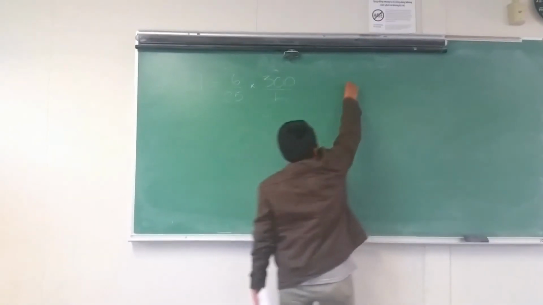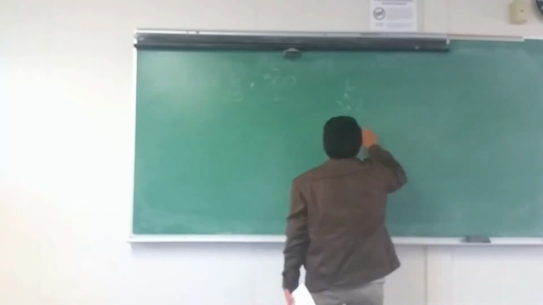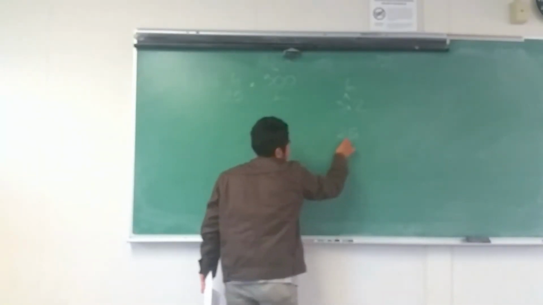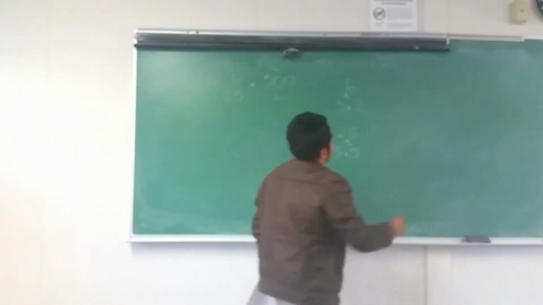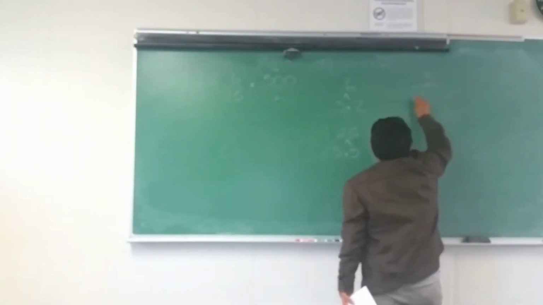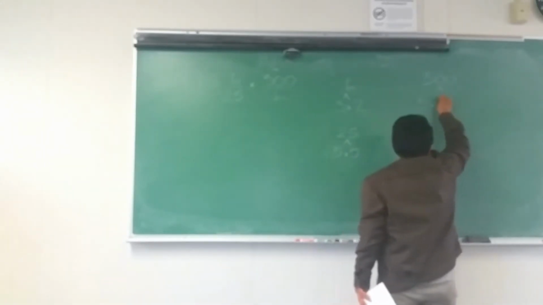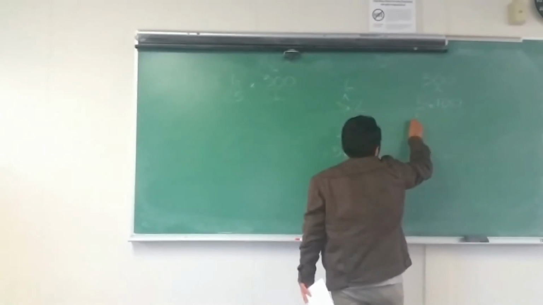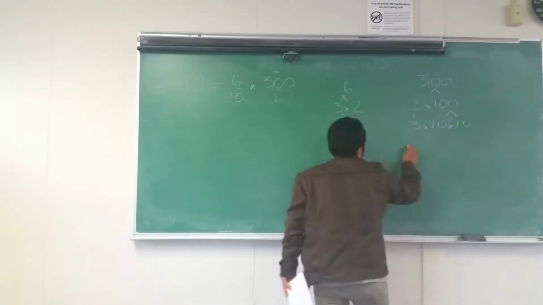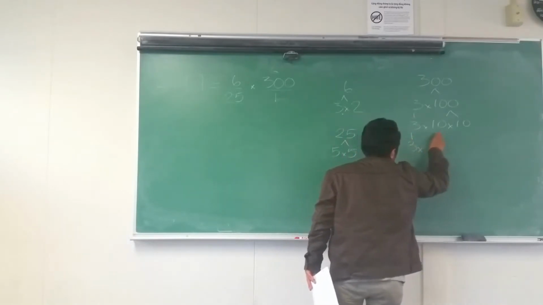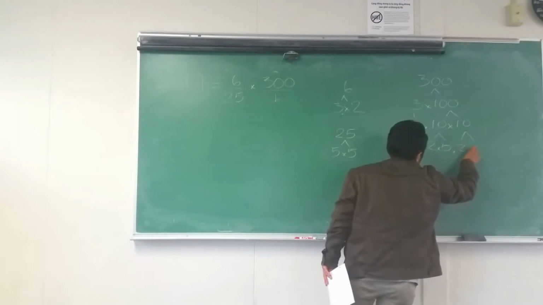That 6 is 3 times 2, that 25 is 5 times 5, and the 300 is 3 times 100. That 100 is 10 times 10, and each 10 is 2 times 5.